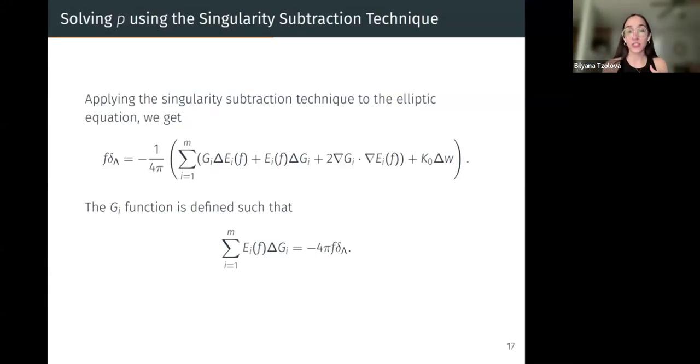As I mentioned, the first term in our singularity subtraction technique is made up of our Green's function G, and we're going to take advantage of the property that the Laplacian of our Green's function is equal to our delta lambda function. So we can cross out the left-hand term up here with the second term over here, which leaves us with 3 terms, one of which is our correction term, which we want to solve for.